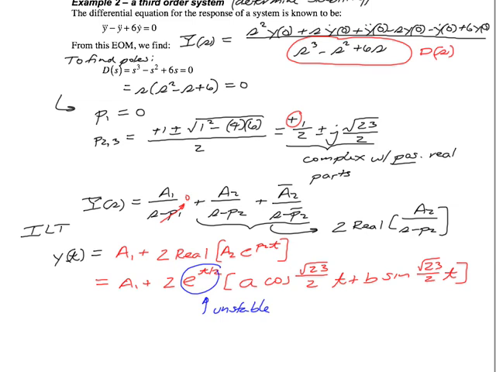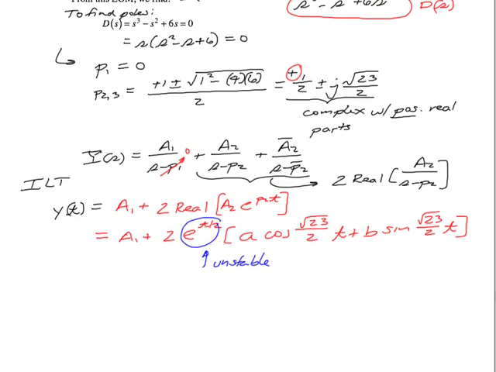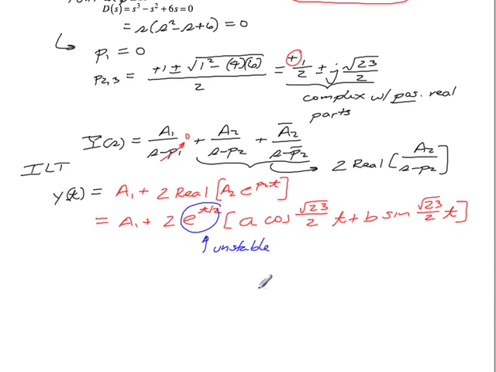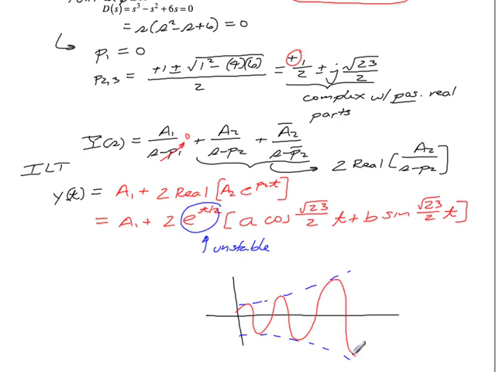But this instability is different from the one in example 1, in that what we have for just this contribution here is something that looks like this. Some perturbation has it going away with an exponential growth on the amplitude of the oscillations.